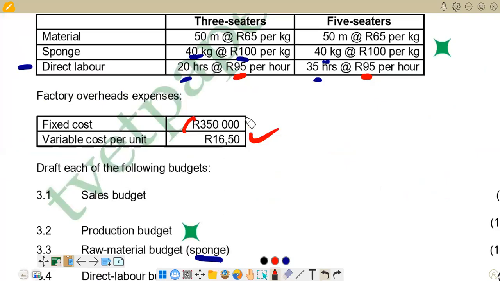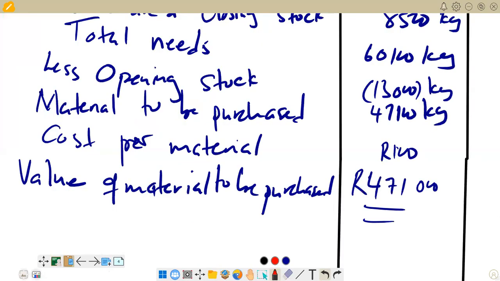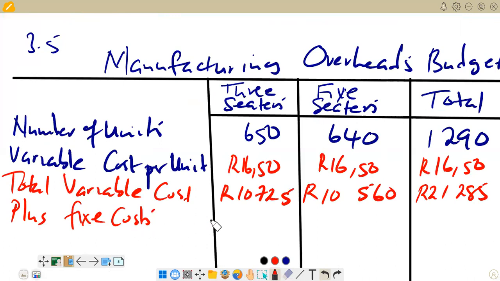Right, this is the figure for fixed costs, which is our 350,000 rands. So you can go and put that one. Right, fixed costs. So we are saying fixed costs, we are not going to put them in these columns of 3-seaters and 5-seaters because that 350,000 rand that we are given applies to both seaters. So we are just going to put it here on the total column.